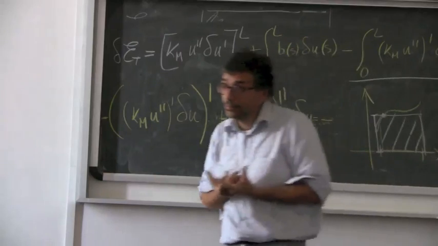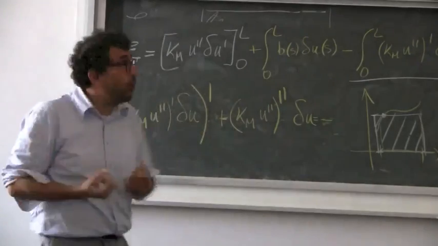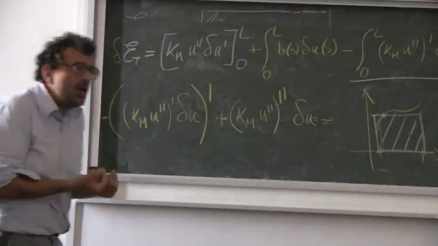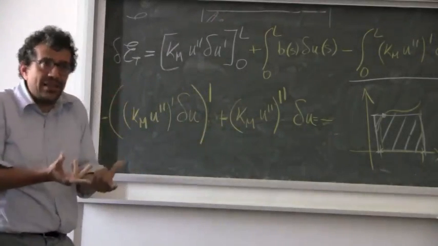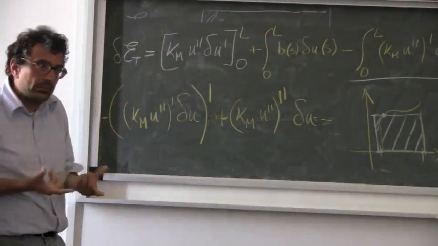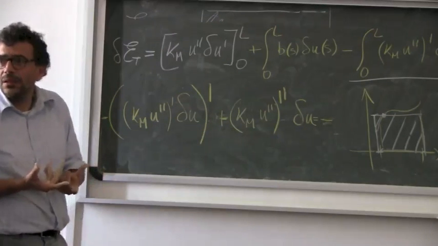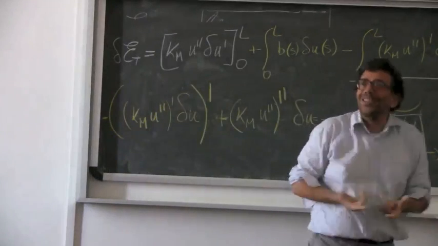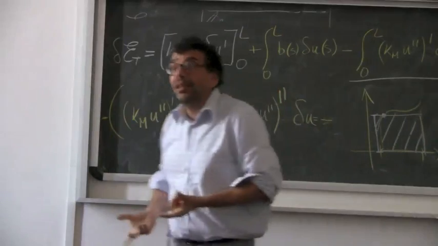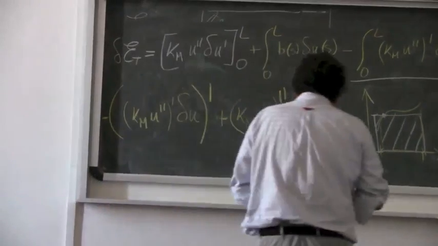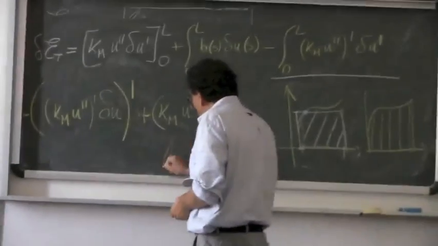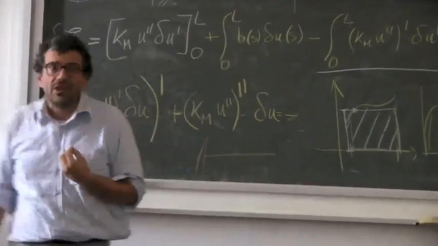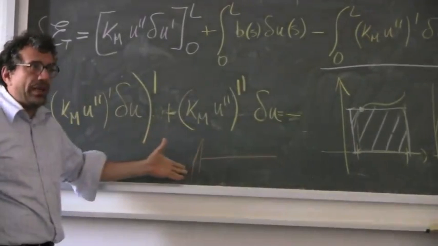Okay? So, you want the minimum of energy among the accessible states. We call it kinematical admissibility. Yeah, you can call it, but I don't like it. So, for instance, I told you that I want to study the equilibrium position of a beam which is clamped on the left.